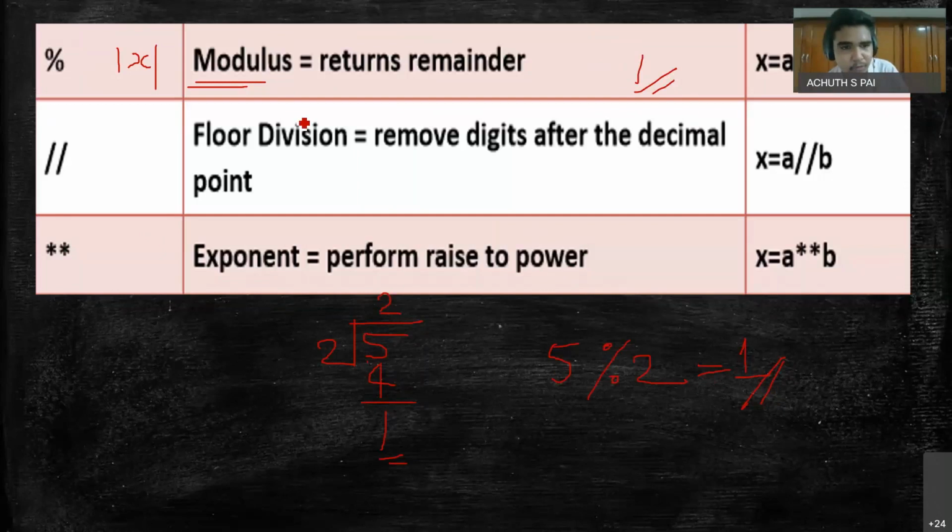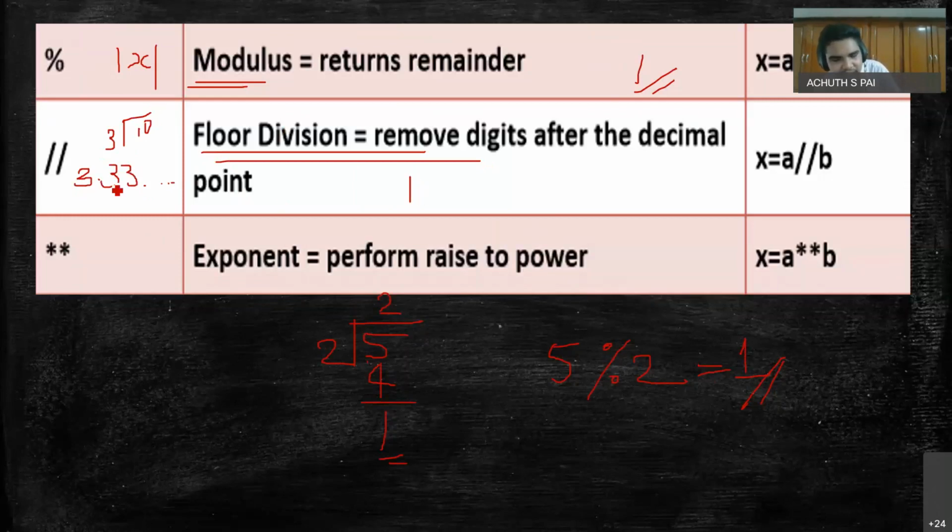And second comes floor division. What is a floor division? It is used to remove digits after the decimal point. For example, when you divide numbers like 10 divided by 3, you get 3.33, etc. So what the floor division does is it simply cancels out the decimal numbers and it just gives the whole number, that is 3.